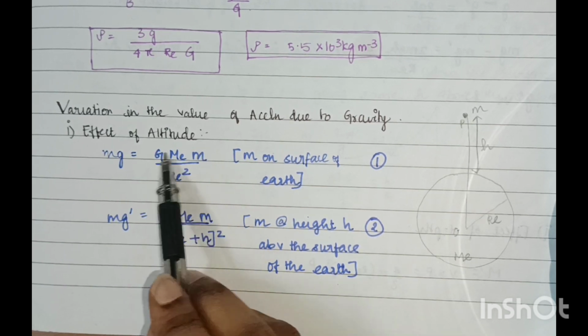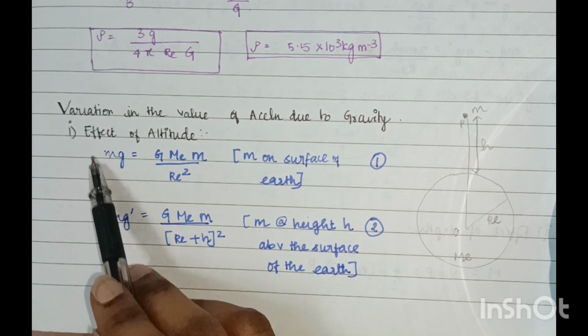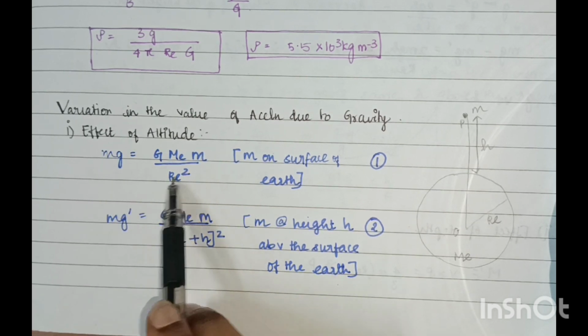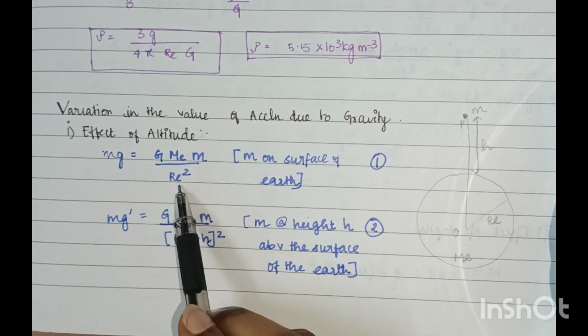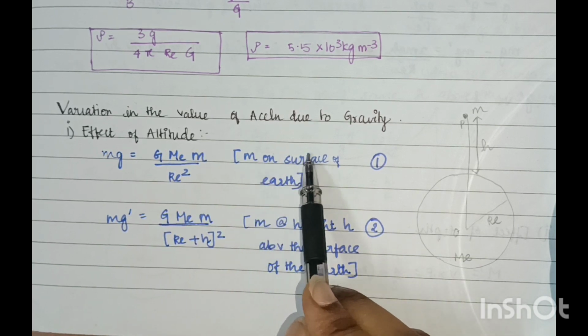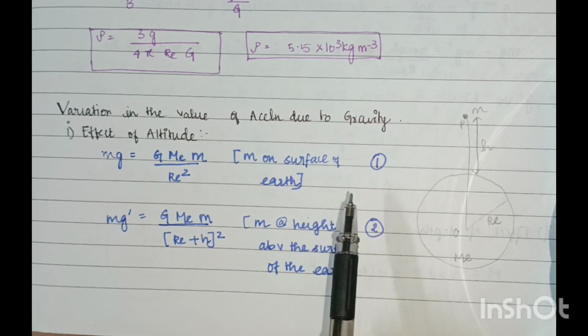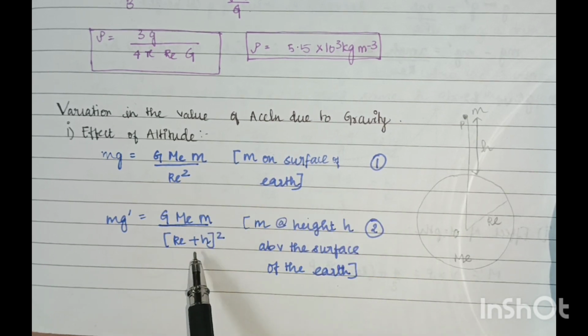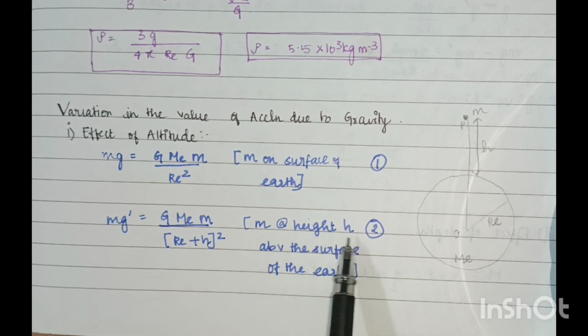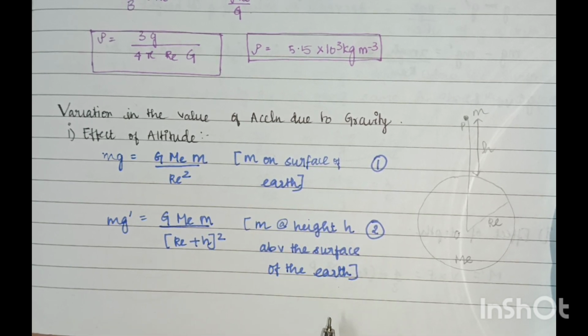So we are equating mg equals G Me m by R square, where m is the small mass on the surface of the earth. Now I am writing the same equation if the mass m is at a certain height above the surface of the earth.